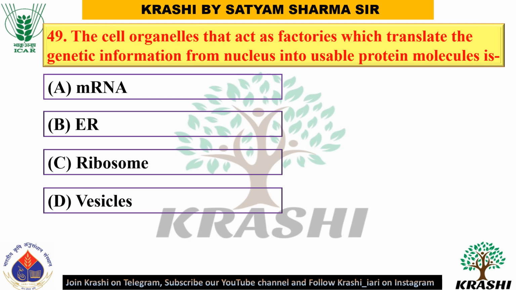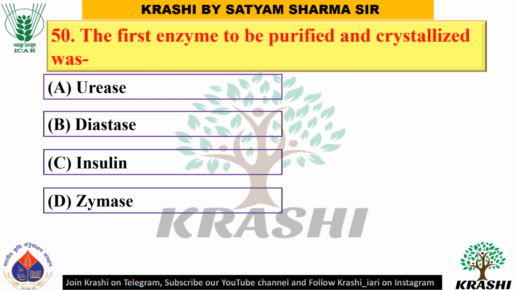Question number 49. The cell organelles that act as factories which translate the genetic information from the nucleus to usable protein molecules are known as ribosomes. Question number 50. The first enzyme to be purified and crystallized was urease.